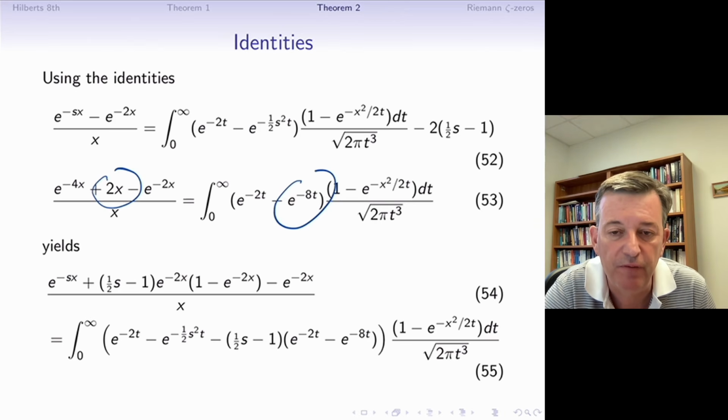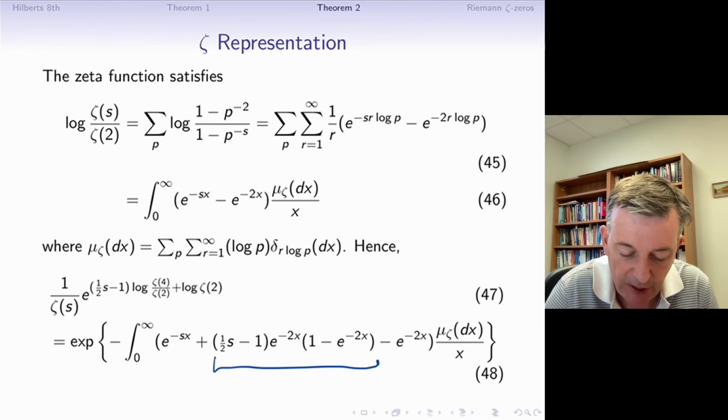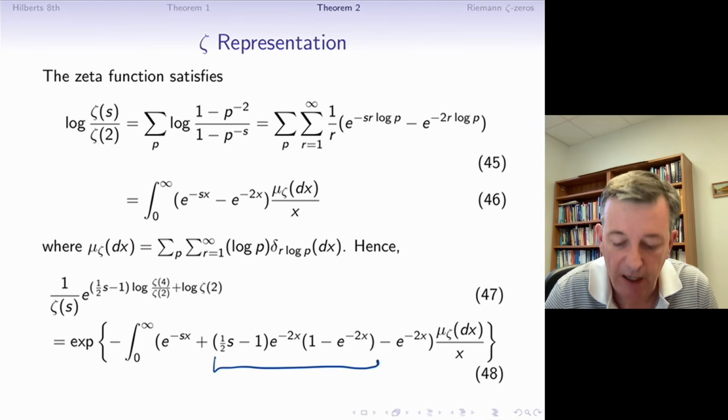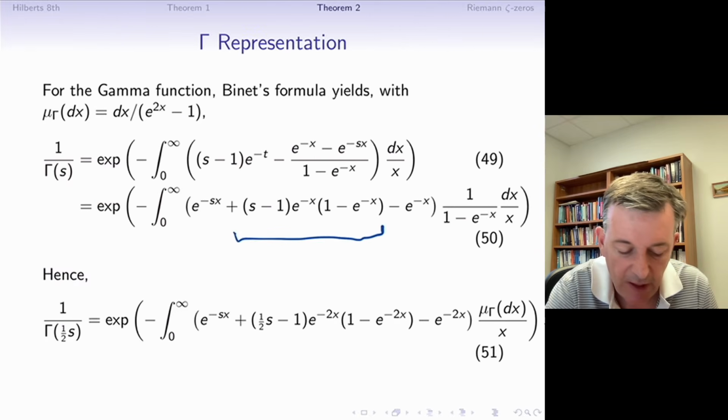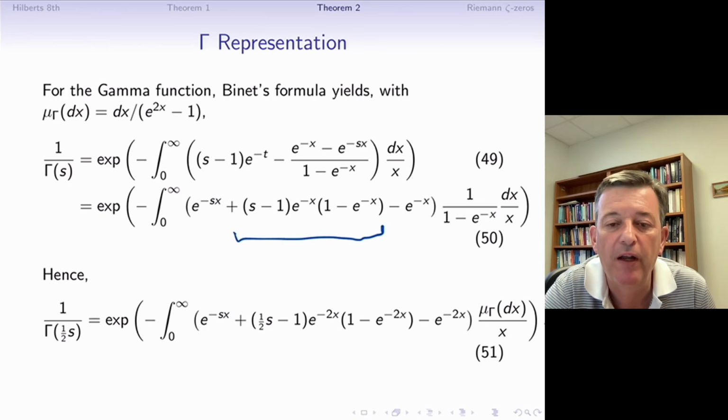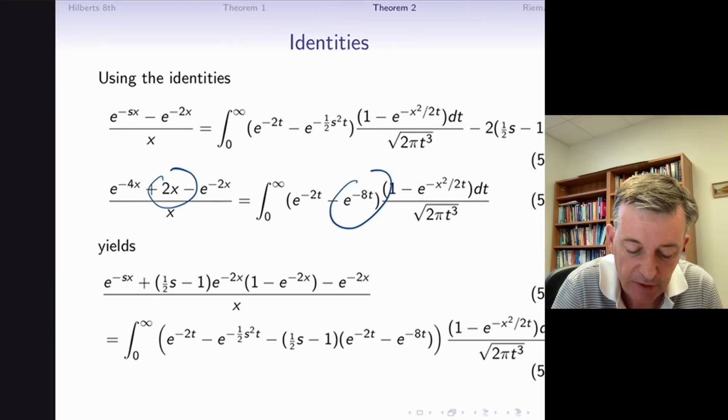And again, we can see in 54 we can write it as a similar integral. So we can go from the Levy measure to the Thorin measure. And how are we going to use that? We're going to use it in 48 for the reciprocal zeta function, and in 51 for the reciprocal gamma function.